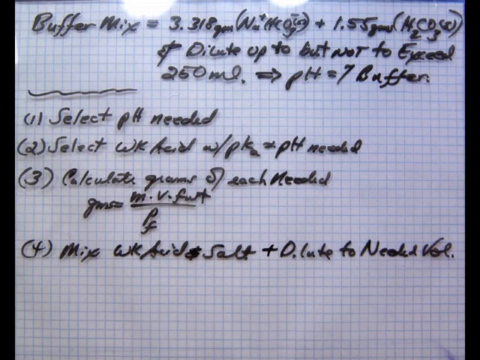So, not a real complicated issue if you understand what this is all about, and it can make life a lot easier. I have a kinetics experiment where pH has got to be controlled very, very closely at the beginning of it at 7. So when I make my reaction solutions, I make them so that they're stable at pH 7.